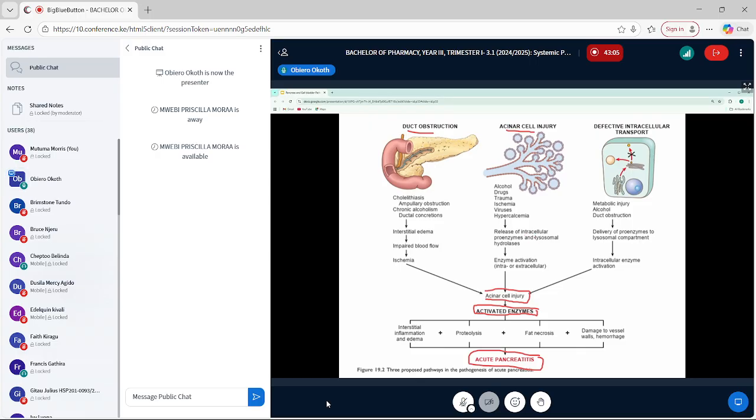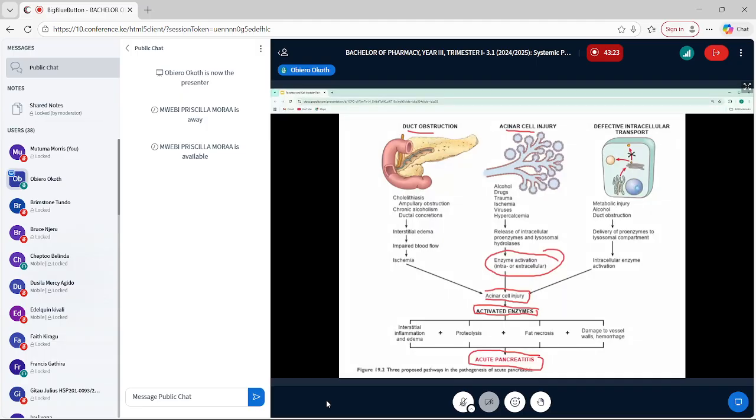Or you can have ab initio acinar cell injury, like drugs, alcohol, trauma, ischemia, viruses, hypercalcemia. You have release of intracellular proenzymes and lysosomal hydrolases. You have enzyme activation, both intra and extracellular, but still within the pancreas. This will give you again increased acinar cell injury, then you activate the enzymes.